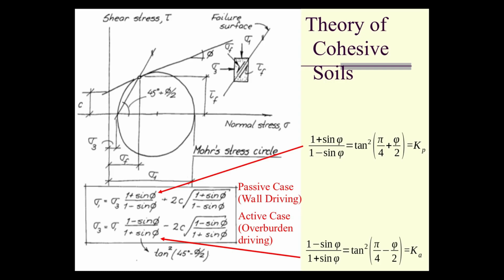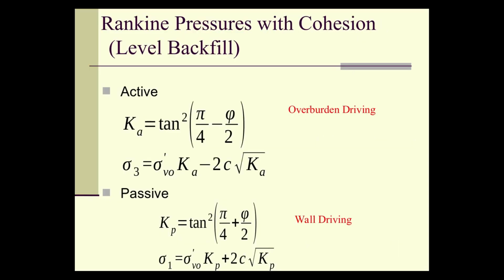We talked about the tension zone. I don't know why they call it tension. It's really the no stress zone is what it is. You'll see that those equations are the same.